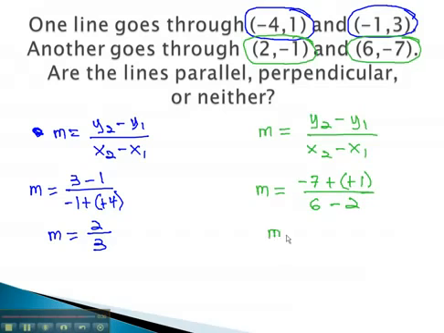Subtracting a negative is like adding a positive, and we get -6/4, which reduces to -3/2, dividing by 2. Notice one is positive, one is negative, and the fractions have been flipped. We have opposite reciprocal slopes. These lines are perpendicular.